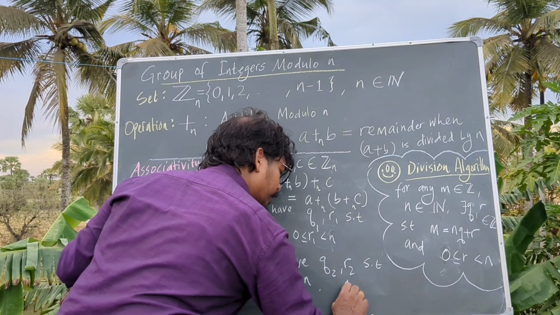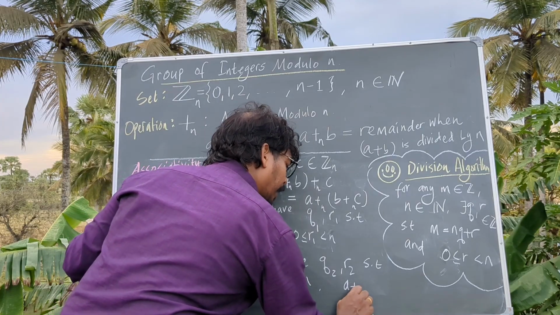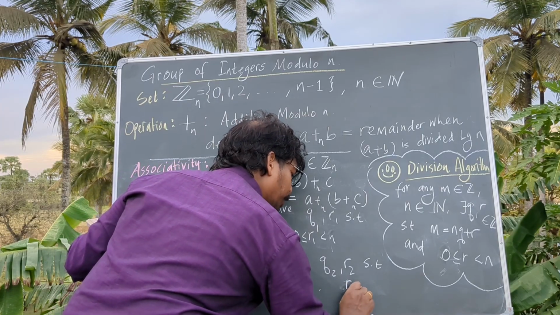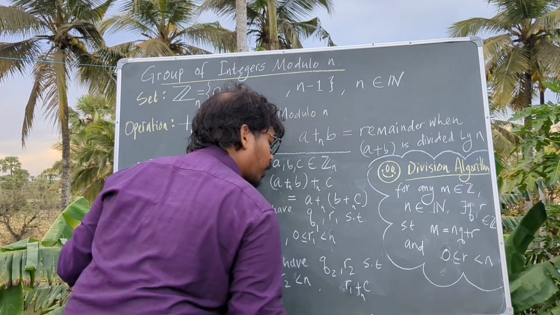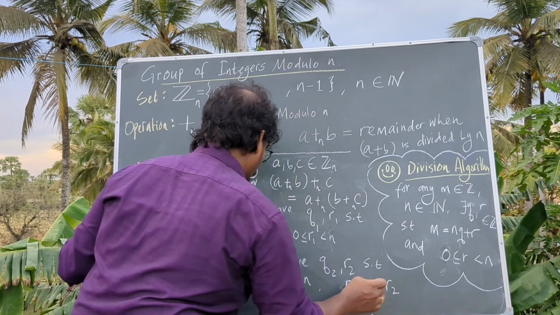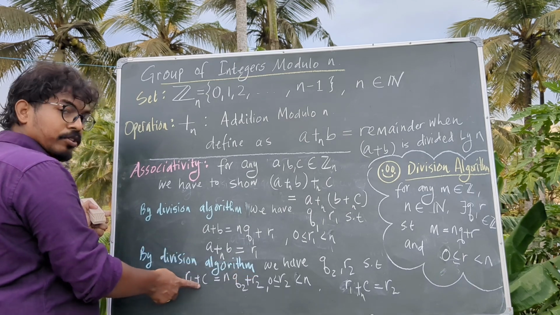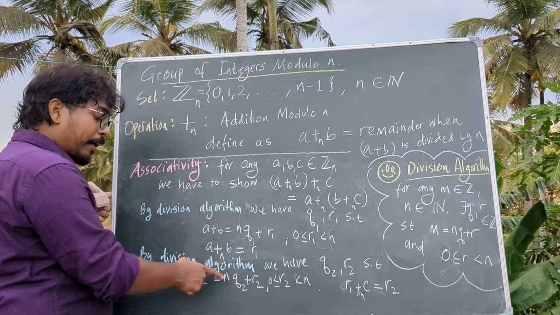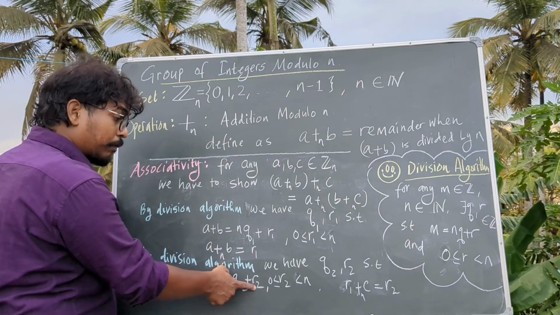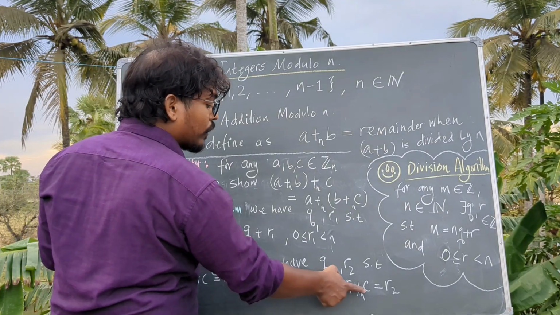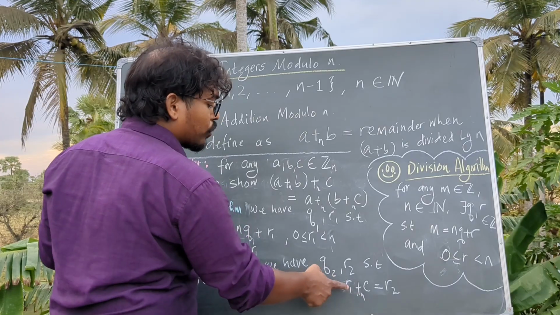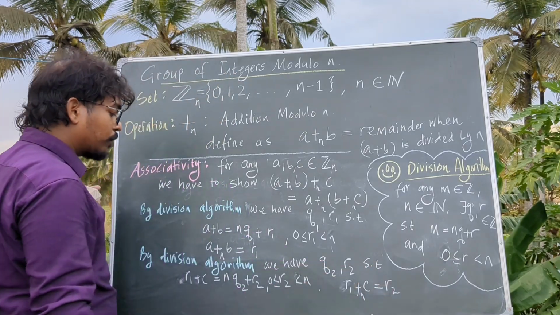When r1 is operated with c under addition modulo n, this is r2, because we added r1 plus c, divided by n, and got remainder r2. So r1 and c operated with addition modulo n gives r2.